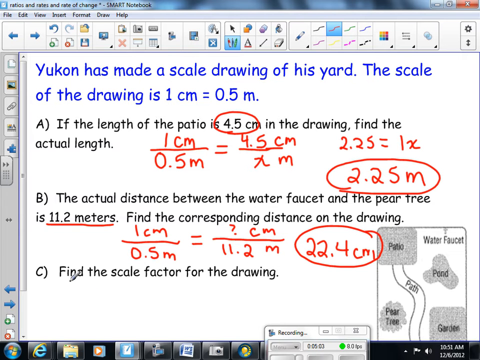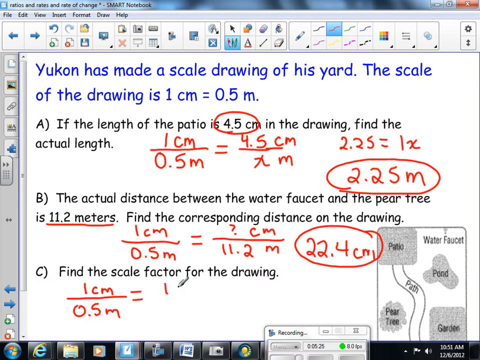Now it asks, find the scale factor for the drawing. If we were reviewing, scale factor means you have the same units and you want new to original. The new is 1 centimeter. The original is 1/2 of a meter. But now I have to make sure that these are the same units.